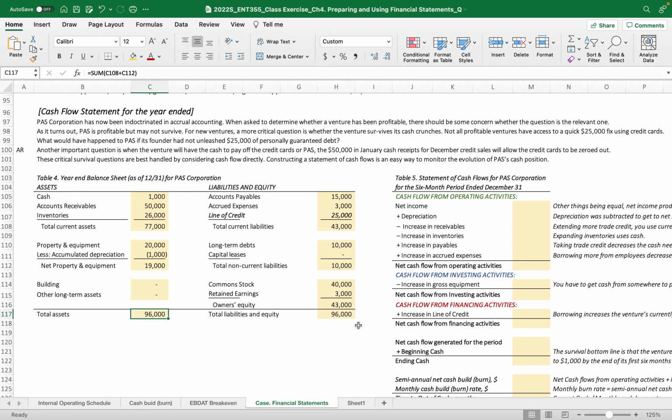Then we match this total asset and total liabilities and equity, right? So for the line of credit, the company definitely should borrow 25,000 because they run out of the cash. They need this line of credit to match the liability and equity and total assets.